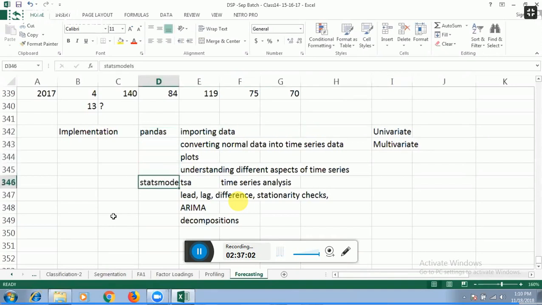Of course, other supporting packages like NumPy, Seaborn or Matplotlib can be very helpful. So in the next class, we will take one example of univariate, multivariate, and then see how these can be implemented. Good. Excellent. Any questions?